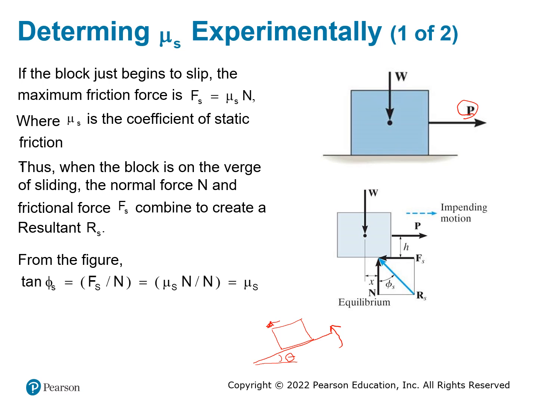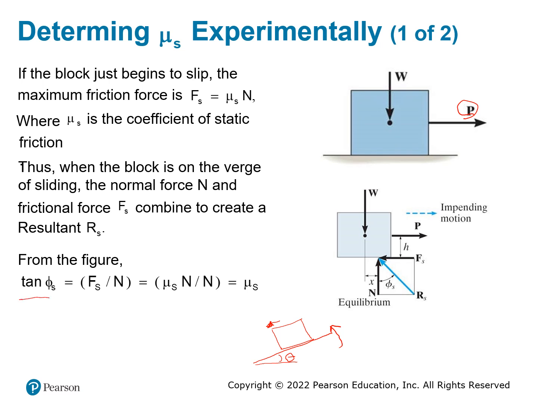Just before it slides, the angle you look at is what we call the critical angle. And the critical angle gives you an idea how much the friction force is. And we can do the calculation.